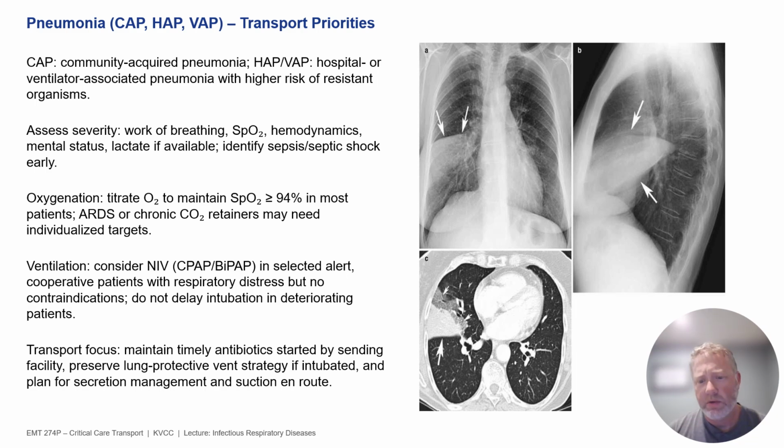So those include low tidal volume, appropriate PEEP, and minimal FiO2 to reach the target saturations. Always verify that antibiotics are running before departure, if at all possible, especially if it's a confirmed bacterial infection. The time to the first antibiotic matters, especially in septic pneumonia.